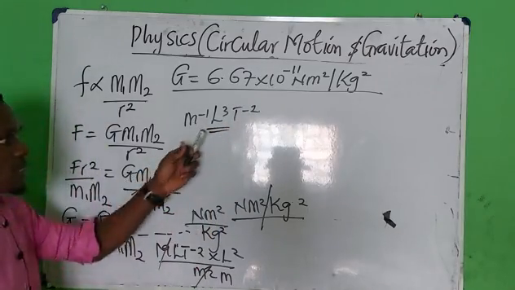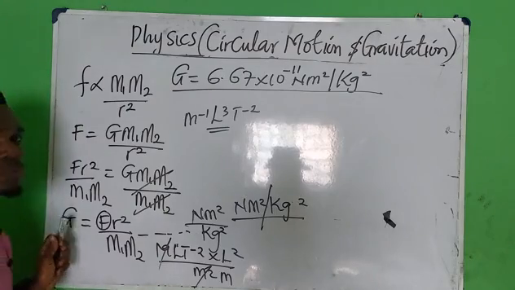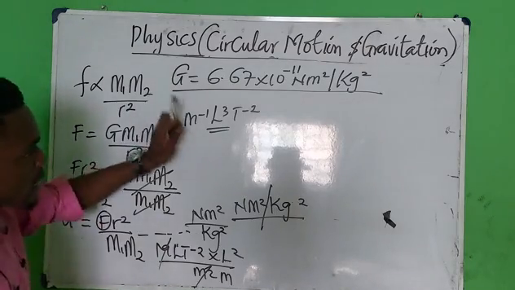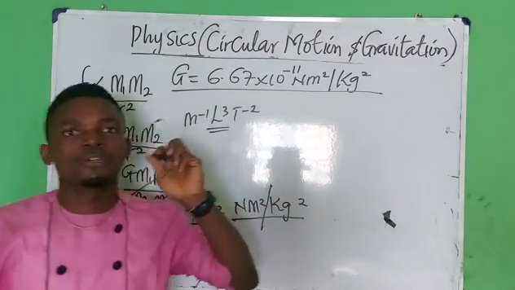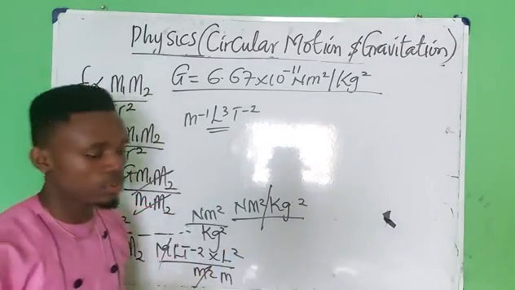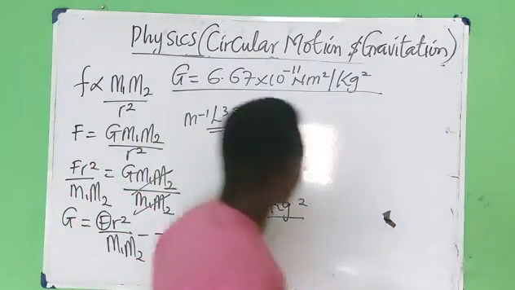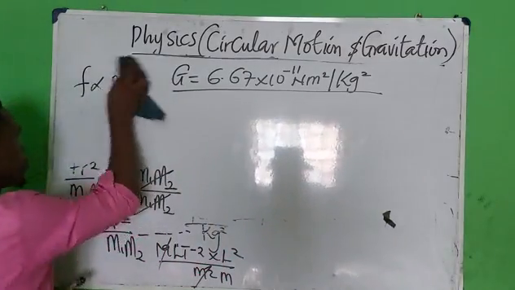So this is the dimension of Newton's universal constant. So that's by the way. Sometimes if you don't remember the unit of some entities, if you know their formula, you can actually deduce it. Okay? So we are done with this part of the video.